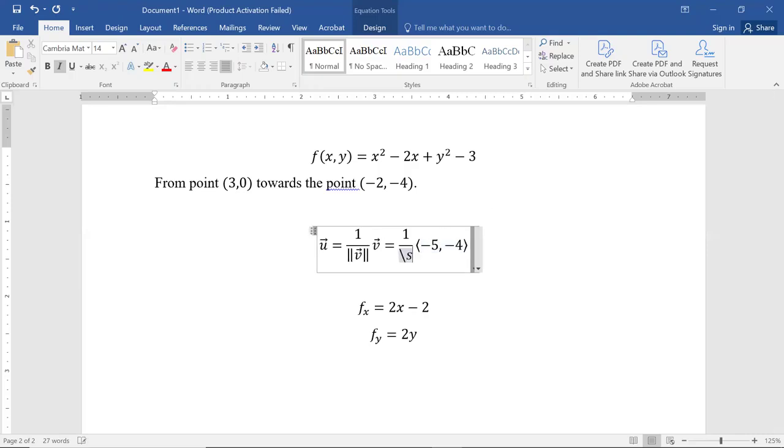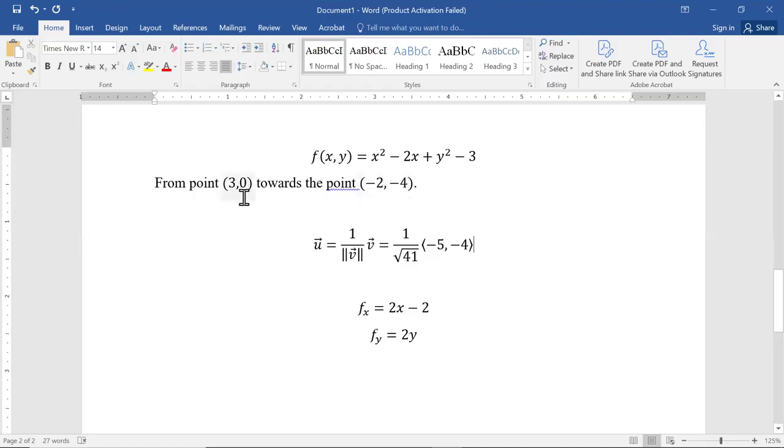Now, if I want to make that a unit vector, I take -5 squared, that's 25, plus -4 squared, that's 16. I take 25 plus 16 all under the square root, and that gives me square root of 41. So the unit vector in the direction I want to go is scalar 1 over square root of 41 times the vector (-5, -4).